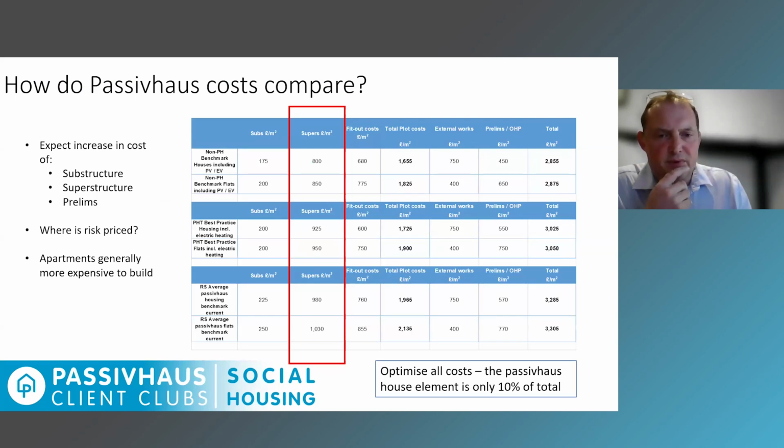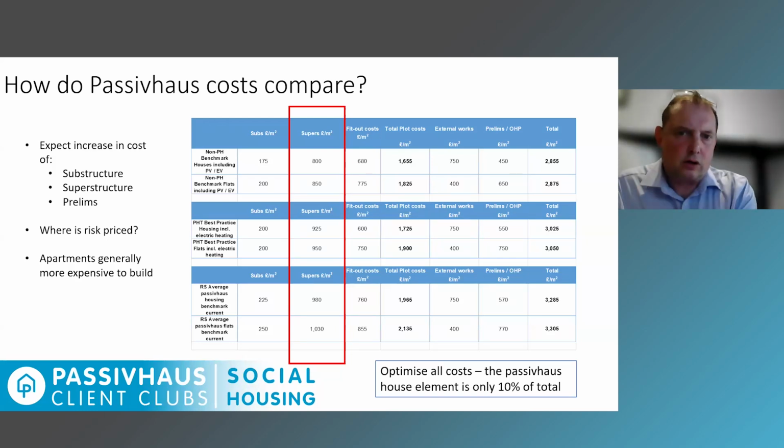Okay, and this slide, I'm using this slide only because it's from a previous cost seminar we did. But I just wanted to point out that you should actually optimize all your costs, because your Passive House element is particularly not a vast amount. It's about 10% of your overall project cost.